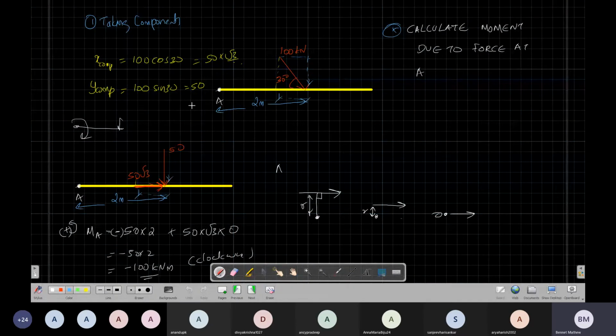When you're taking components and finding the moment, this is known as Varignon's method, Varignon's theorem.